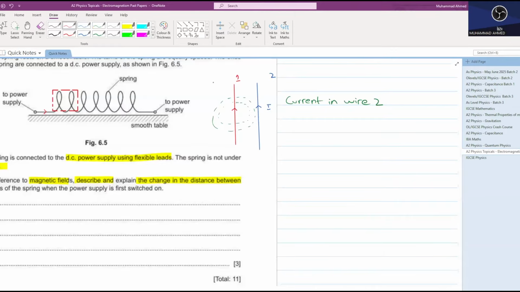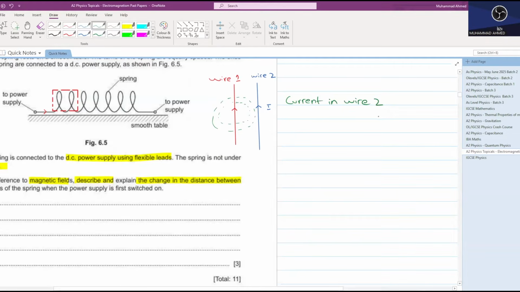Let's say this is wire 1 and this is wire 2. See what has happened. The current has passed through wire 1 and has given rise to a magnetic field. When the current passes through wire 2, the current in this wire interacts with the magnetic field of wire 1.